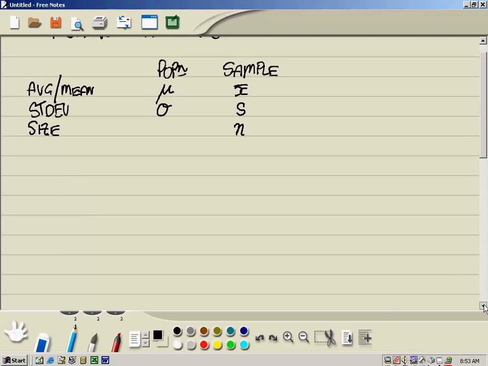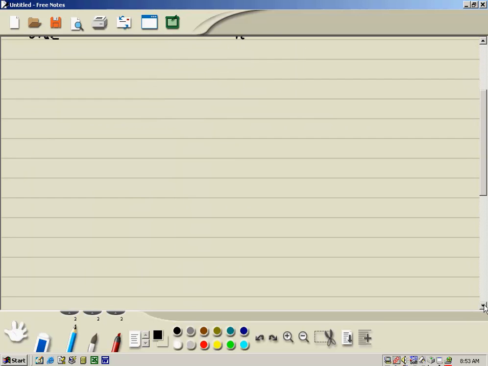Alright, let's give you a little bit of background on the sampling distributions so that you know where we're coming from and where some of these symbols fit in. First let's talk about the population, that is the distribution of all possible x's, just a random variable.